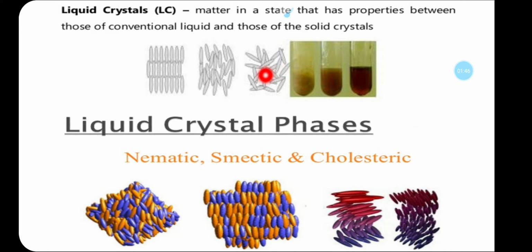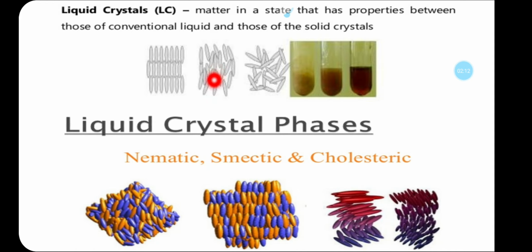That means there will be some cohesive force of attraction between the molecules equal to the translational energy, or we can say kinetic energy. But in between this conventional liquid and solid state, one additional state of matter is generated for some solid crystalline compounds.